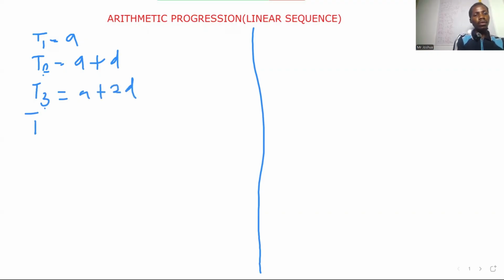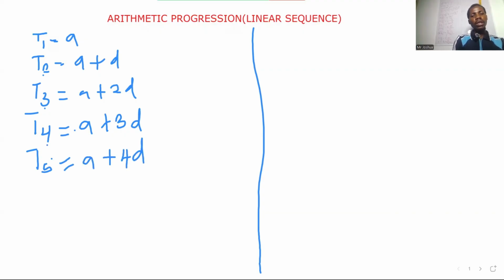We have our T4, which is the same thing as A plus 3D. We have our T5, which is the same thing as A plus 4D. Can you see that progression?